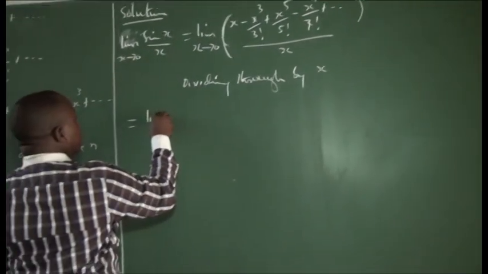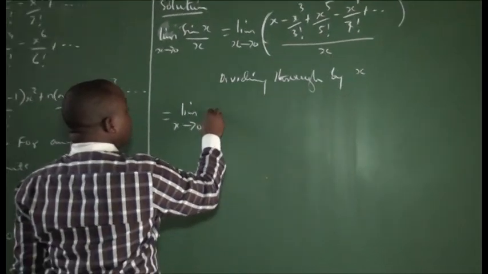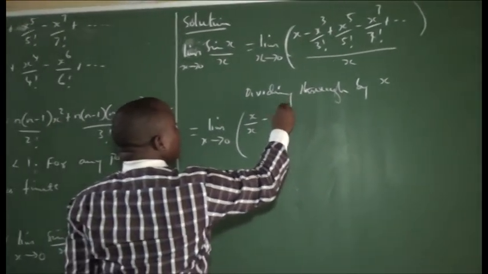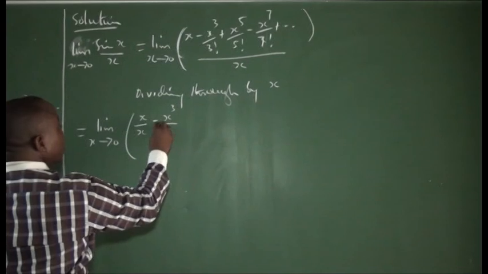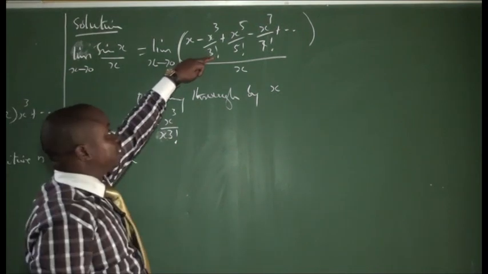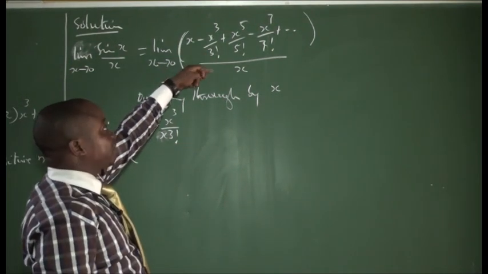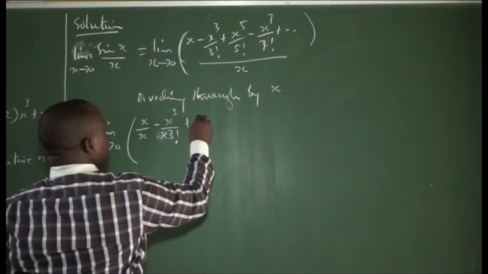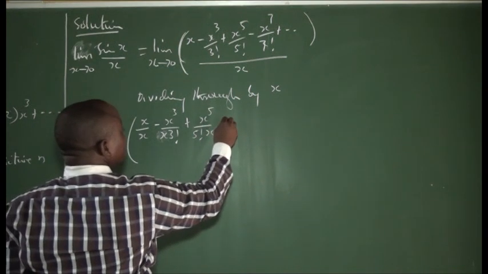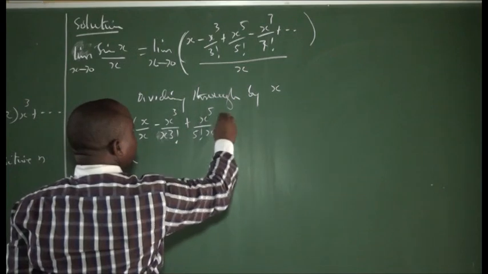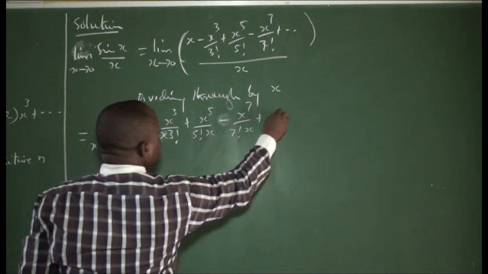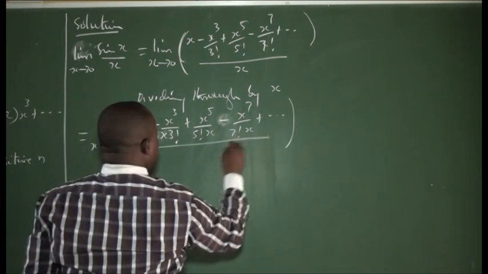That will give me the limit as x approaches 0 of x divided by x minus x cubed over 3 factorial x plus x raised to the power 5 over 5 factorial x minus x raised to the power 7 over 7 factorial x, over 1.